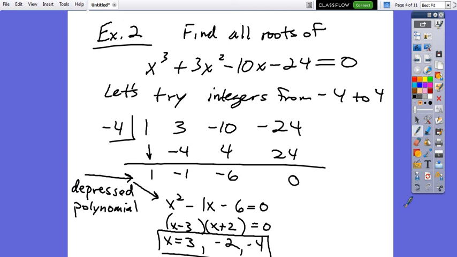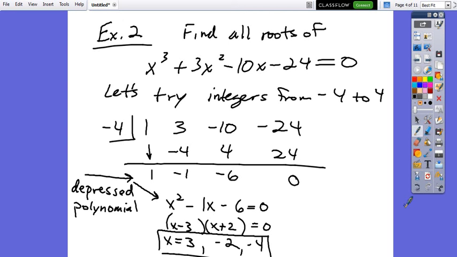And it just so happens, if I try the possible root negative 4, it works. If I try this root negative 4 and I do my synthetic division, I come out with 0 for the remainder, which tells me that negative 4 was actually a solution. So I'm just guessing.